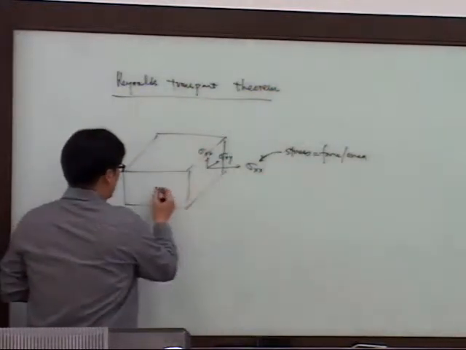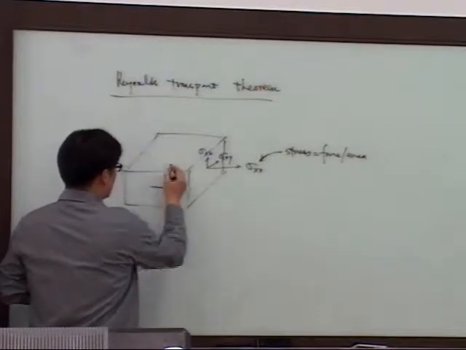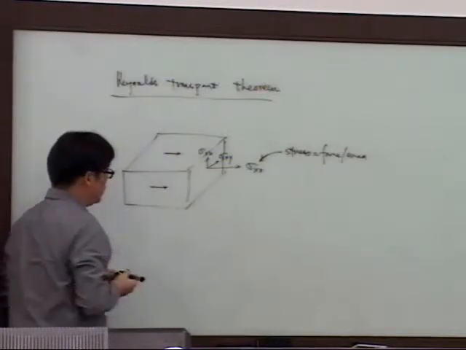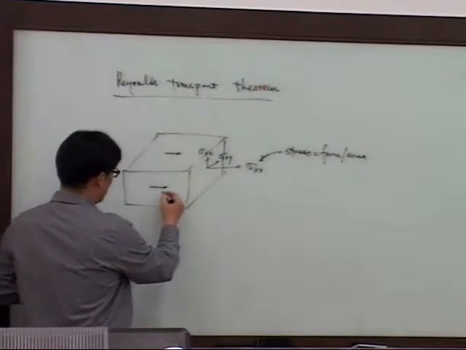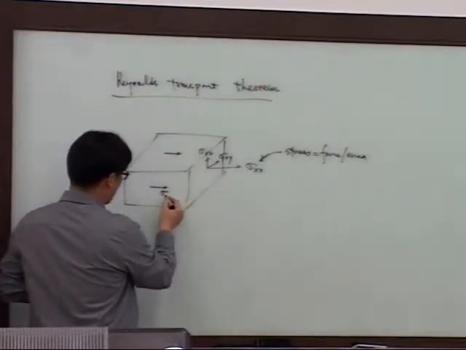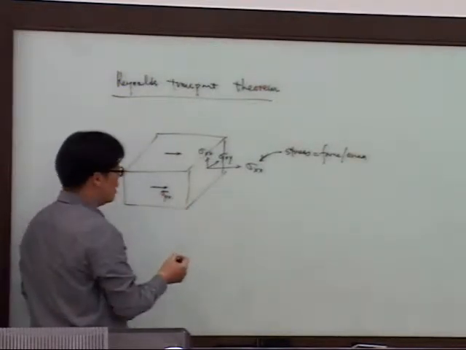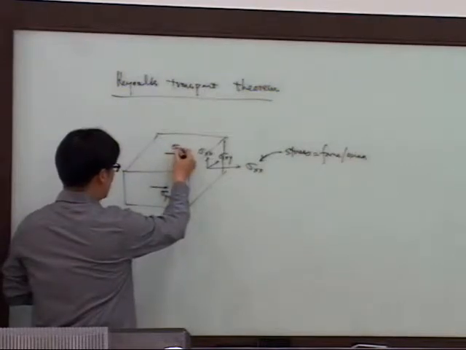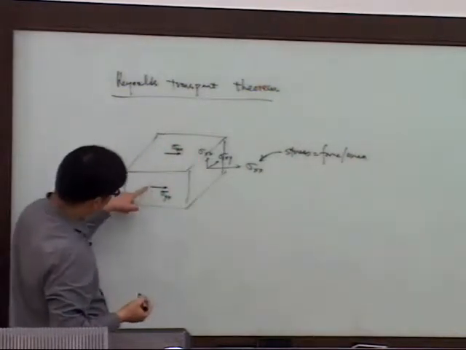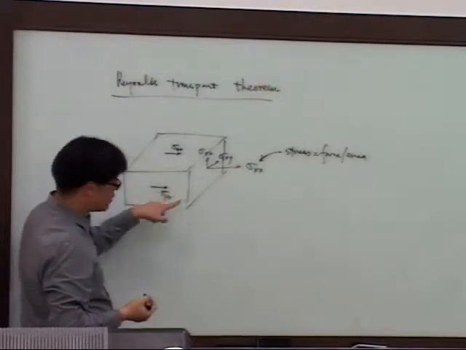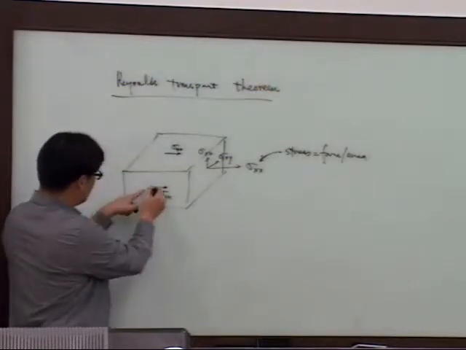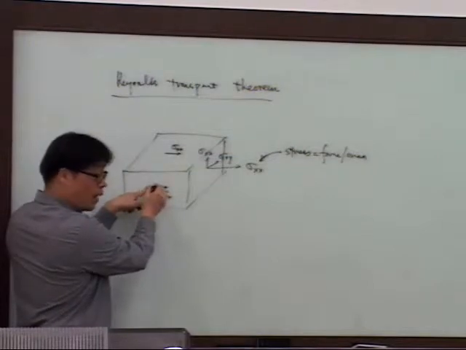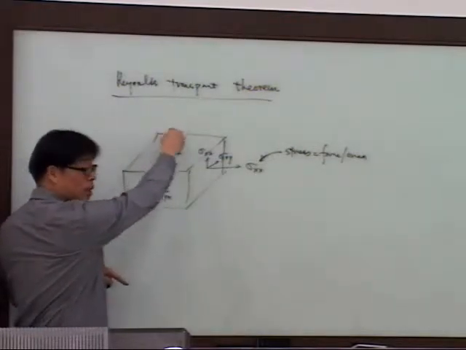Not only on this surface, but also you have surface force here in the x direction. So this time, I can call this sigma yx, and this is sigma zx, because the force direction is x direction, and the normal direction on this surface is y, and here the normal direction is z.